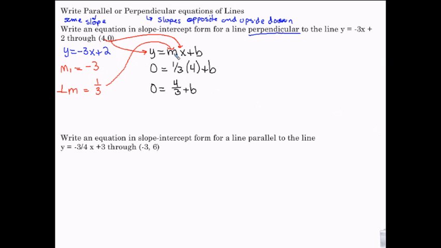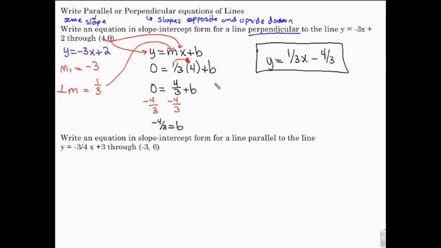To multiply this, I just multiplied times the whole number. The numerator times the whole number gave me a 4. And then I subtract 4/3 from both sides. And luckily, 0 minus 4/3 is just negative 4/3. That one was easier because of the 0. That's b. There's the equation.